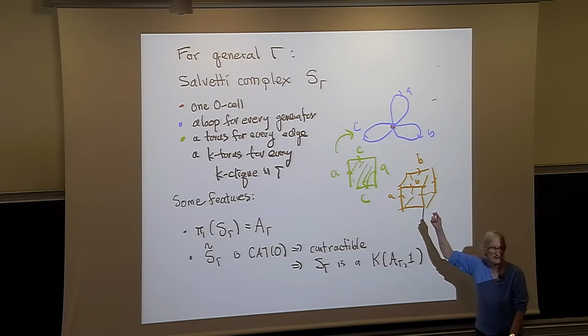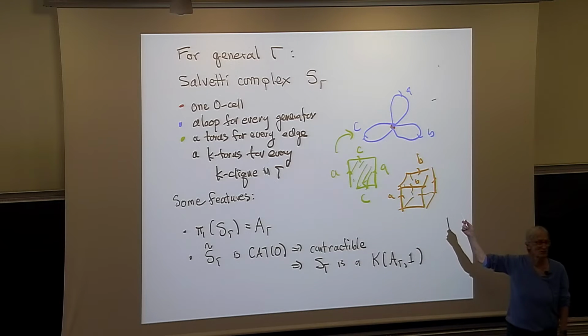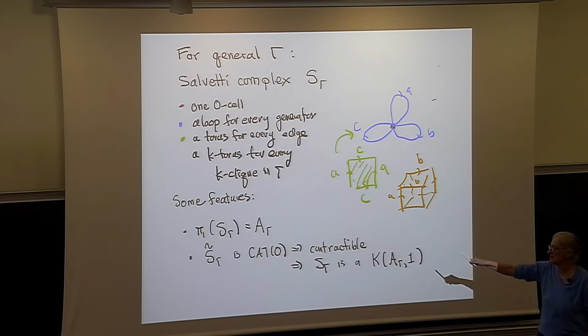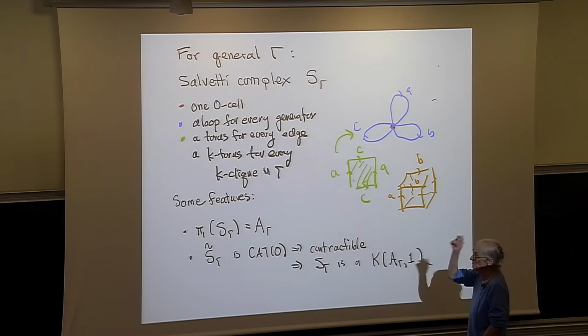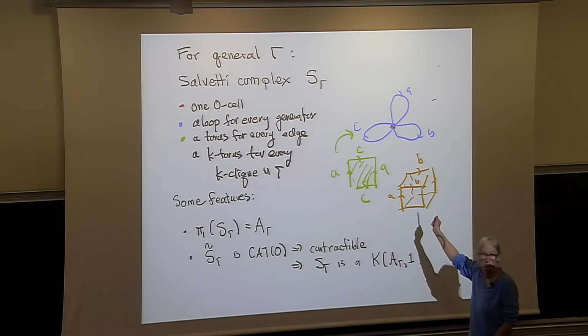What gluing the higher dimensional cubes gets for you is that all of a sudden the space that you make has a universal cover which is CAT(0). So in particular, it's contractible. So now you have the fundamental group, namely A gamma, acting on a contractible space with compact quotient.